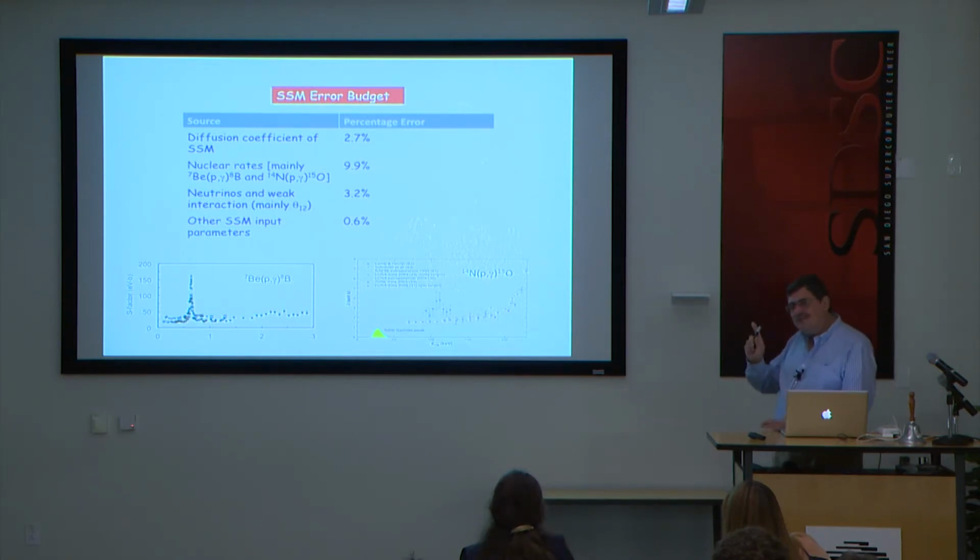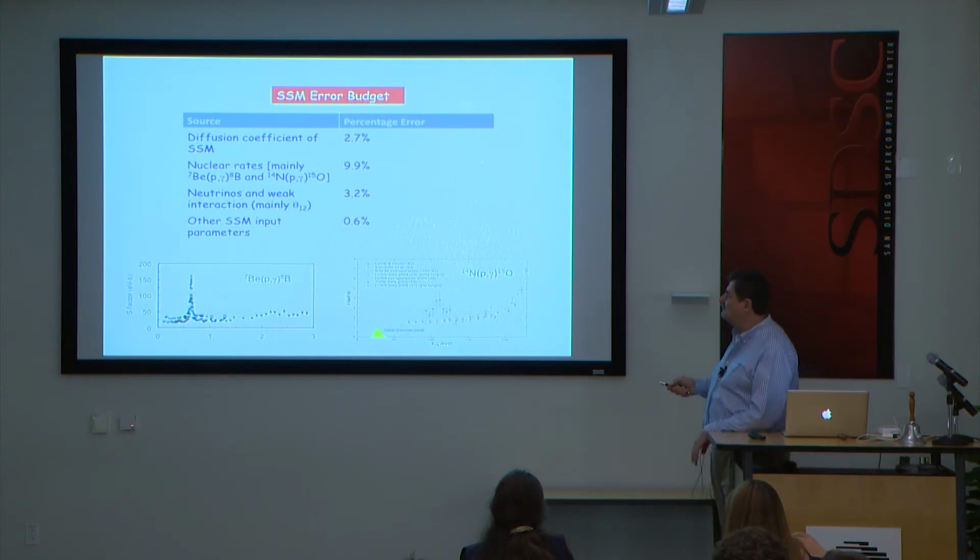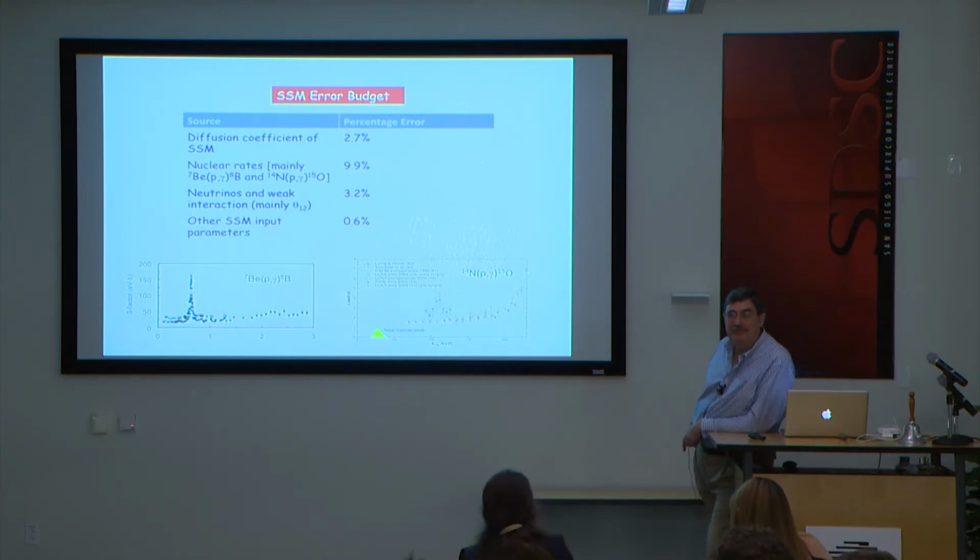But the biggest two errors are coming from the knowledge of neutrinos, weak interaction, what we do not know about the weak interaction, mainly theta 1,2, the neutrino mixing angle theta 1,2. So you can actually measure theta 1,2 better, and there are experiments that are being prepared to measure theta 1,2 better. Then you can actually reduce that error on the standard solar model prediction.